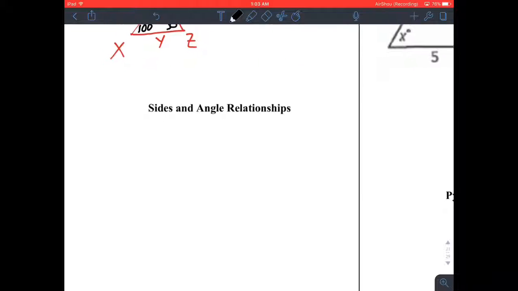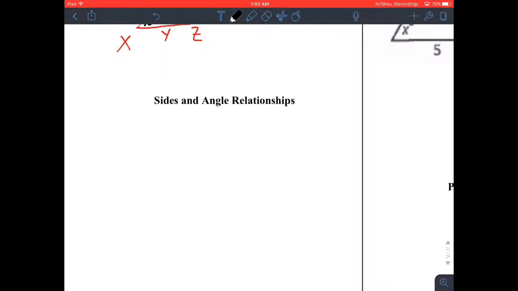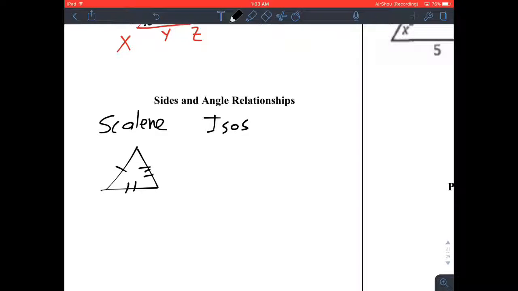Well, let's talk about some special triangles. The scalene triangle is a triangle in which all the sides have different lengths. An isosceles triangle, I'm having a hard time writing.